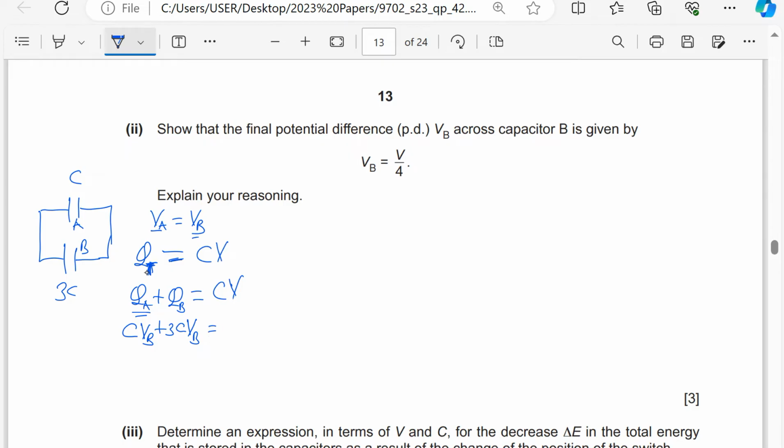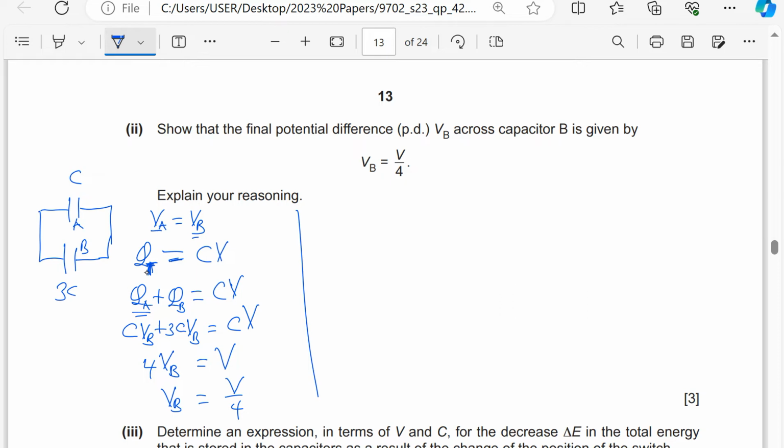This is going to be equal to C times V. So C has cancelled out. So I have VB plus 3VB, which is 4VB, equaling V. So that means VB is going to be equal to V divided by 4. That's one way of doing this.